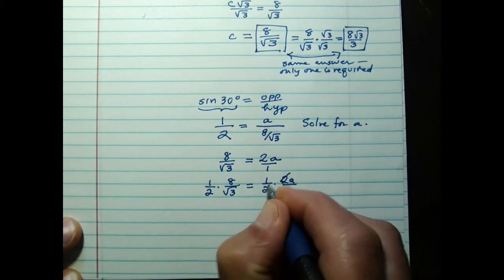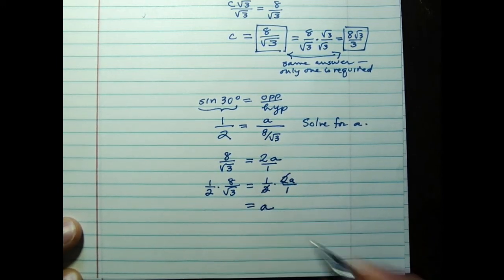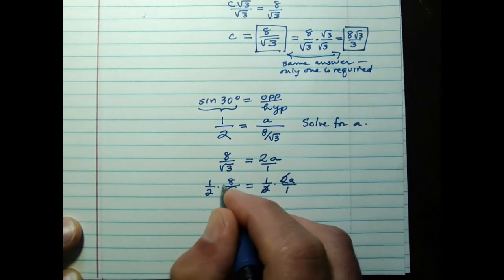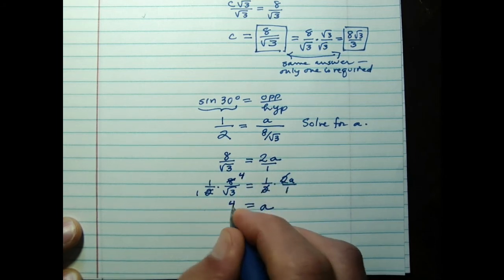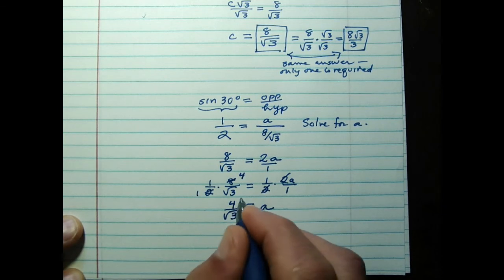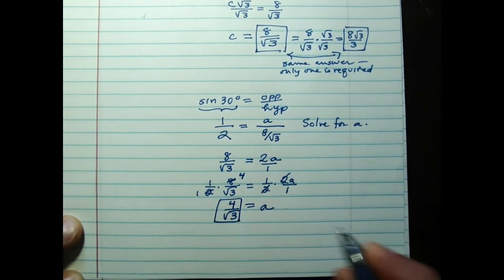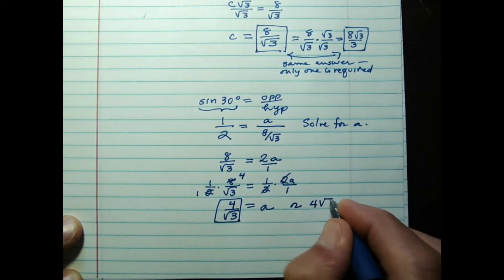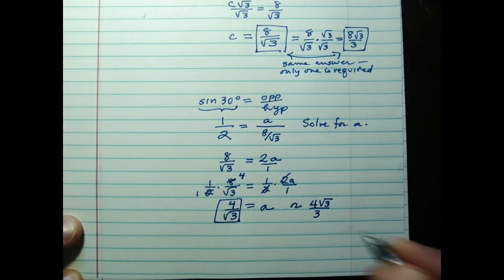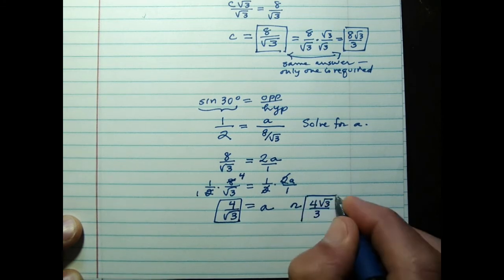And notice the 2 cancels on the right. I solve for a. And on the left, I can also cancel. 2 goes into 2 once, into 8 4 times. So I have 4 over the square root of 3 for a. And I won't write out the steps, but if you rationalize the denominator there, you'll get 4 square root of 3 over 3.